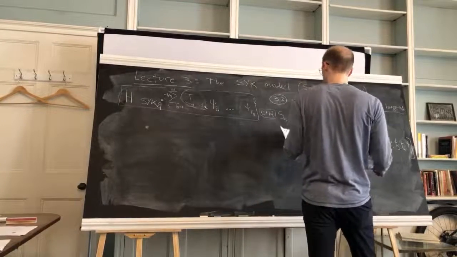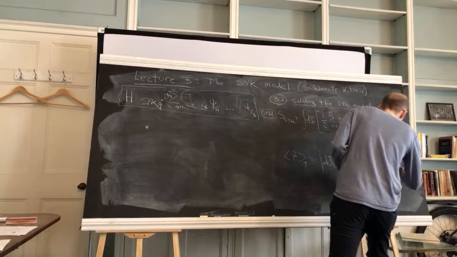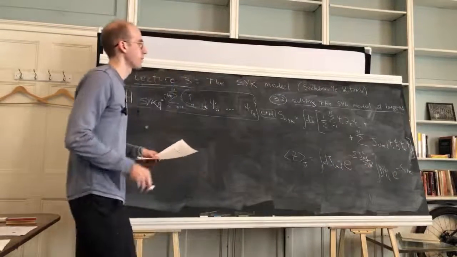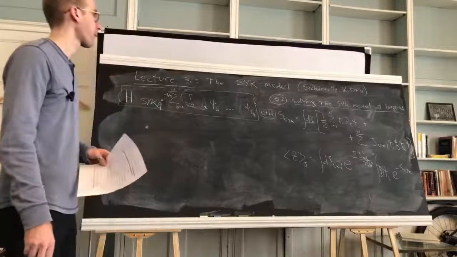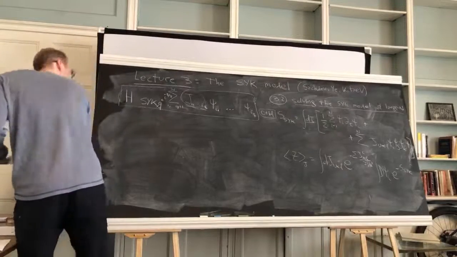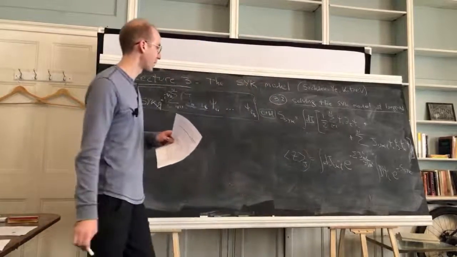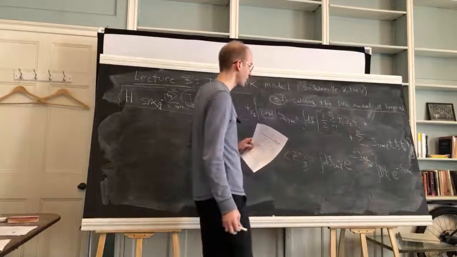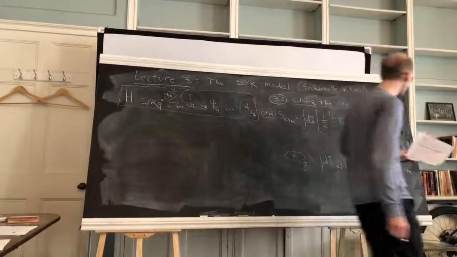And then I will have my path integral over fermions with e to the minus S_SYK. There are two ways of using this to compute a two-point function. One is to start solving these equations. That's something we will do maybe in the second half.